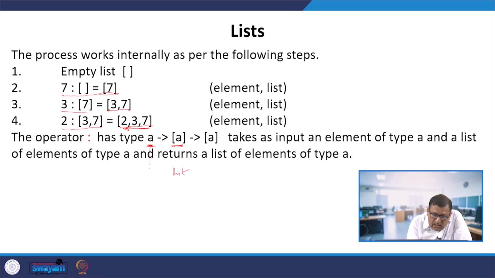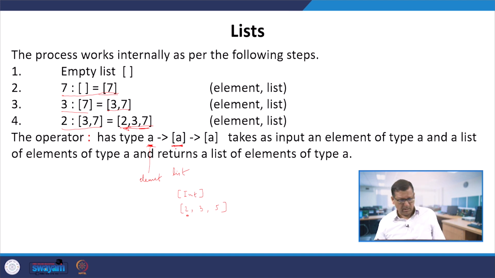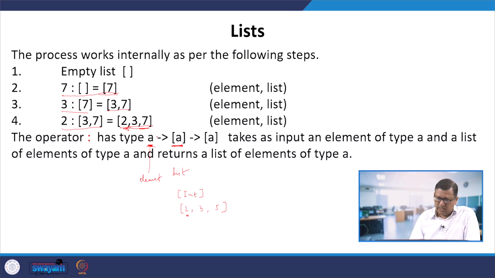This notation says this is an element. So here it is an element of type A in the list. That means we have a list of integers, and a list of integers means each element is an integer. So the head is an integer and the tail is a list. It is a list type. This notation says list type and the output is a list. So this is how we write type signatures in Haskell.